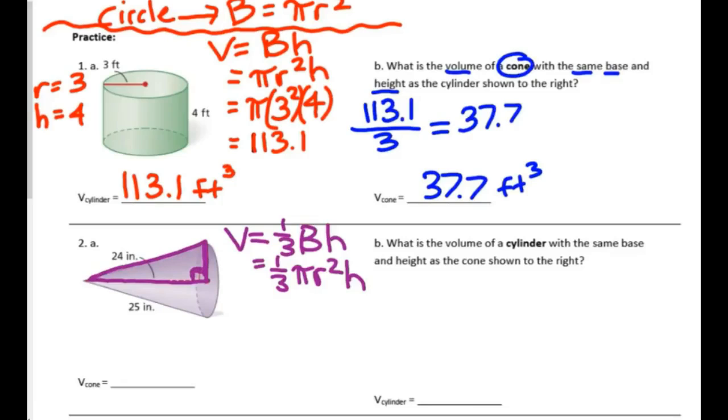Anytime I have a right triangle and I'm missing a side, what do I use? Pythagorean theorem, okay? Now, notice. I'll do this in a different color here. So, 24 is pointing to this. So, 24 is this height, right? And if this slant height is 25, then this slant height over here is also 25. So we are missing x in that right triangle. Okay, so does everyone see that right triangle? Okay.